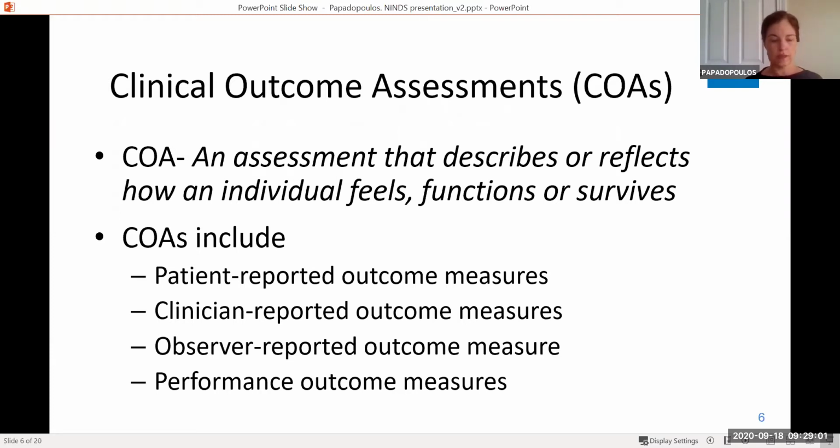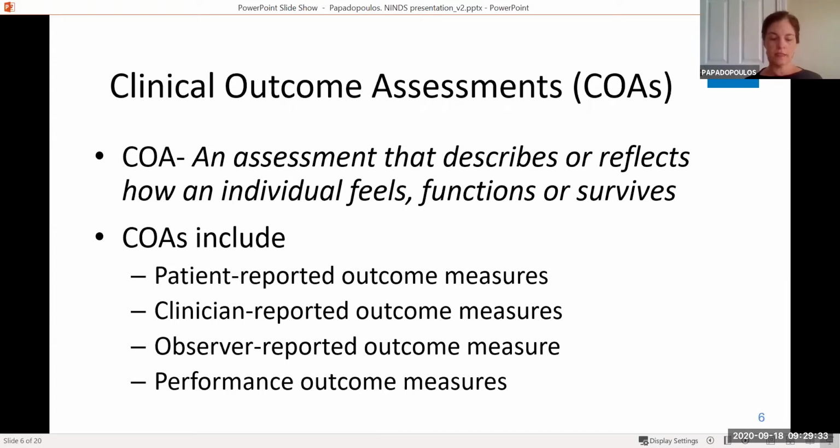If clinical judgment is required to interpret an observation, then we turn to a clinician-reported outcome. If the outcome is observable and it is in daily life, then we may select an observer-reported outcome. And this is, in fact, what is very commonly used when our patients are young children or in patient populations who can't provide self-report.